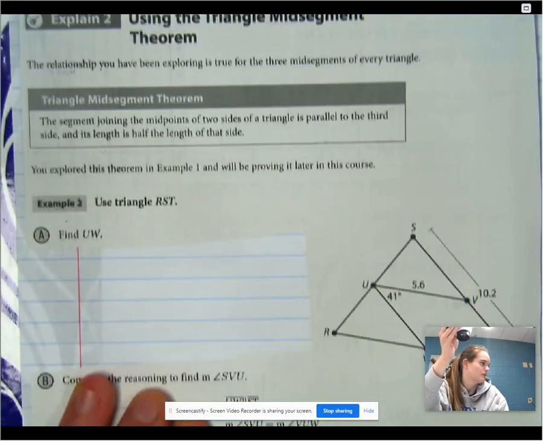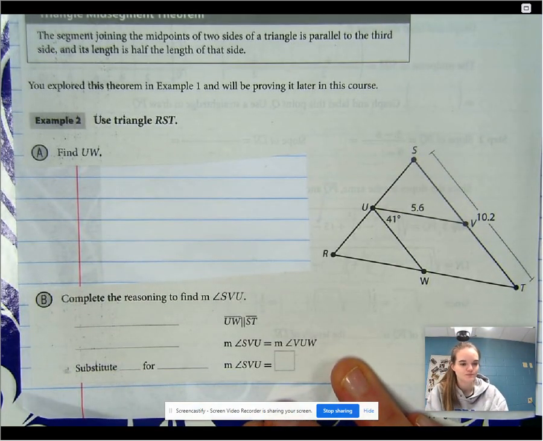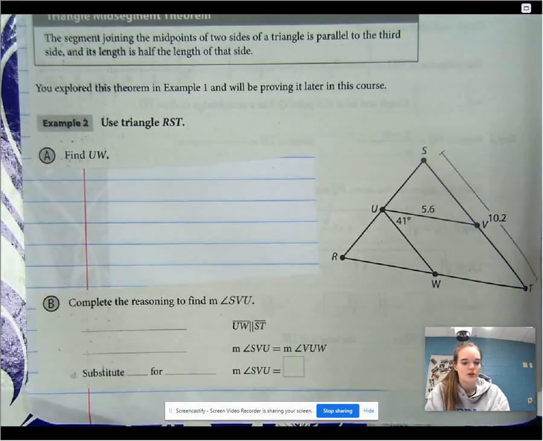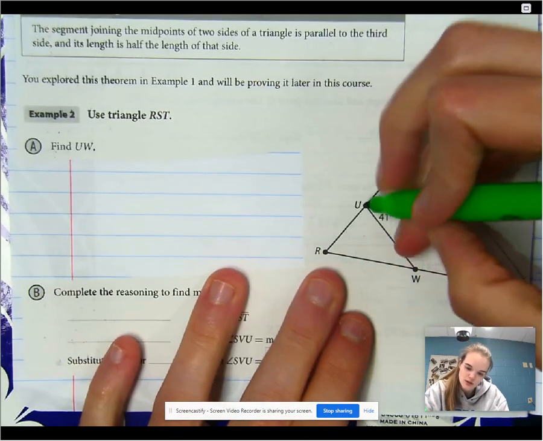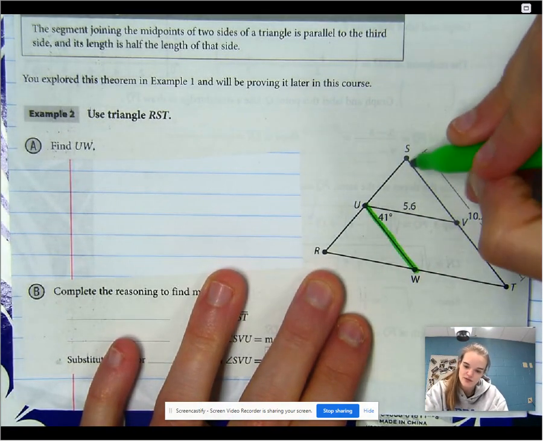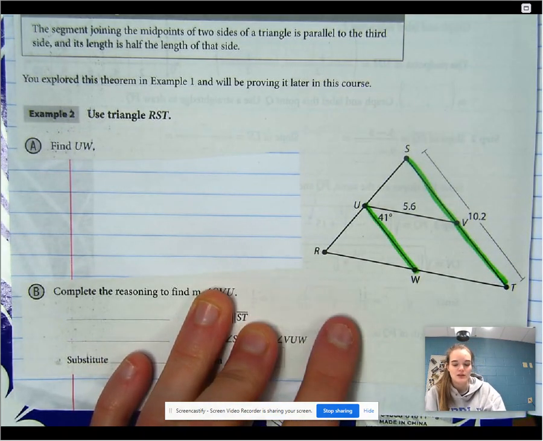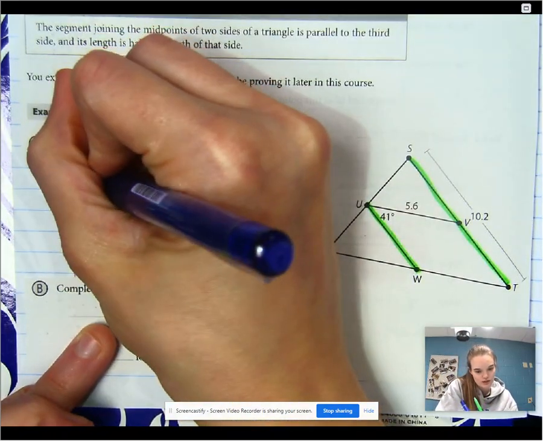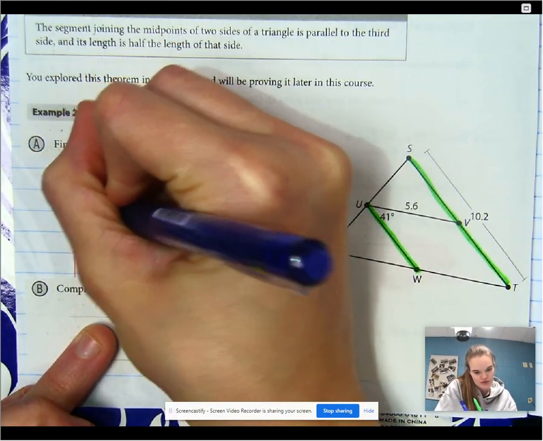So let's do an example. Now I'm going to color coordinate these because sometimes it's hard to see exactly what's going on if all three midsegments are drawn. So in example 2, letter A, it says find UW. So I'm going to highlight UW in green. And I'm going to highlight the third side that goes with that, and that's right across right here. Okay, so the triangle midsegment theorem says that this UW is half of ST. So 1/2 of ST, which is 1/2 of 10.2.